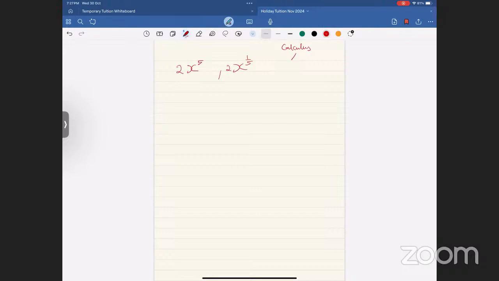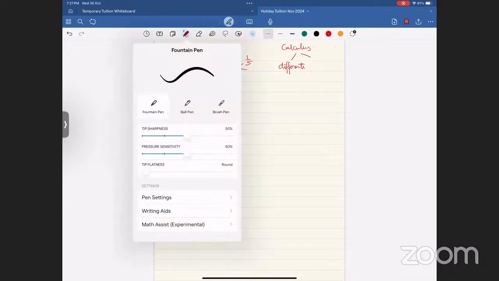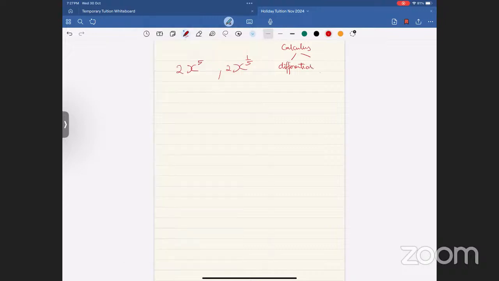And calculus is divided into two things, the differentiation, or they call it derivative, both of which don't make a lot of sense. They are not common words and they mean nothing to us right now. The other one is called integration.